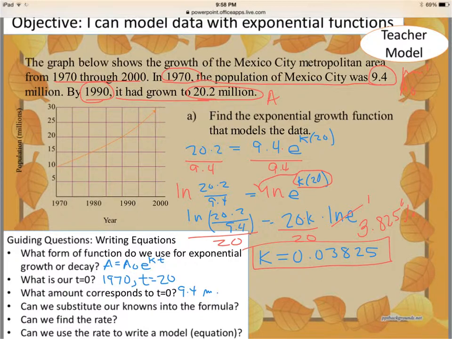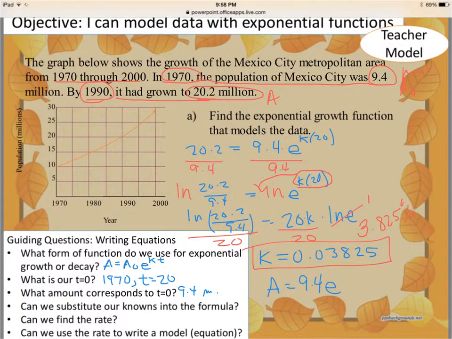So we're to our last step. We basically have all the information we need in order to actually write a function. So let's go ahead and do that. We're going to leave a as a and not plug anything in, because this would be something that we would give to somebody so that they could make predictions. And then our starting amount is 9.4, so we're going to plug that in.